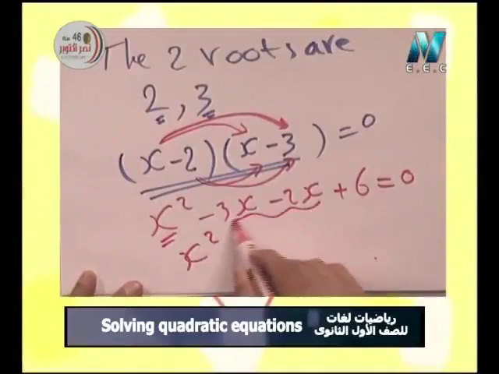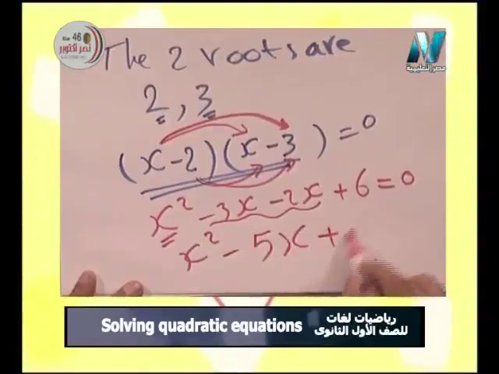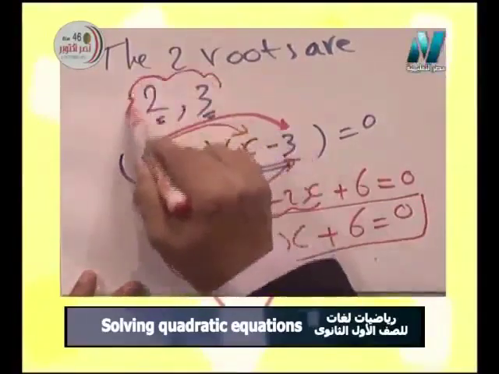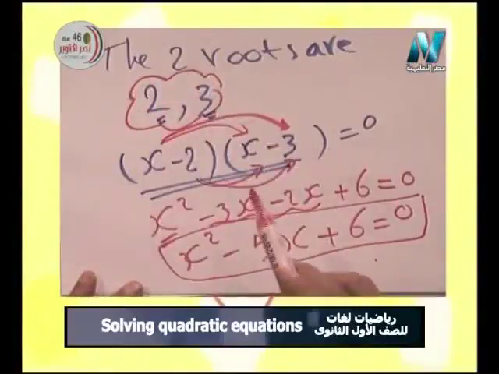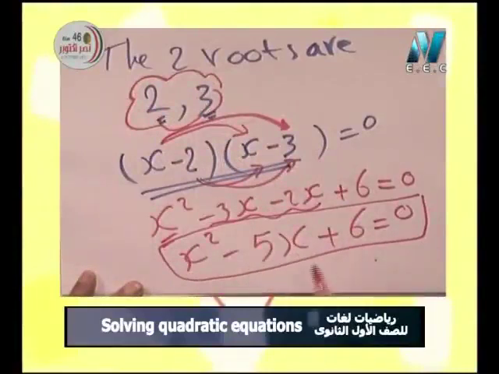We have two like terms, negative 3x and negative 2x, equals negative 5x, plus 6 equals 0. So now we have the quadratic equation because we have the two roots. So if you have two roots, you can get the quadratic equation.